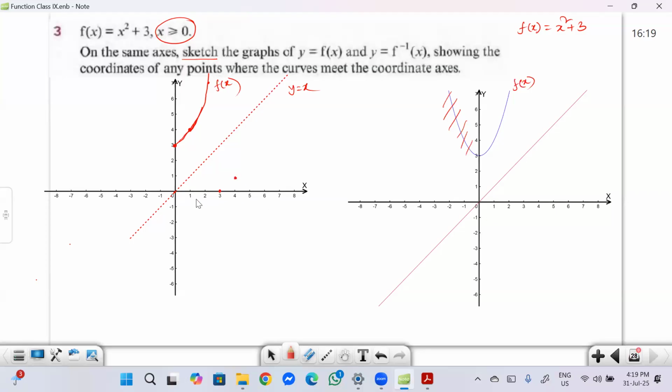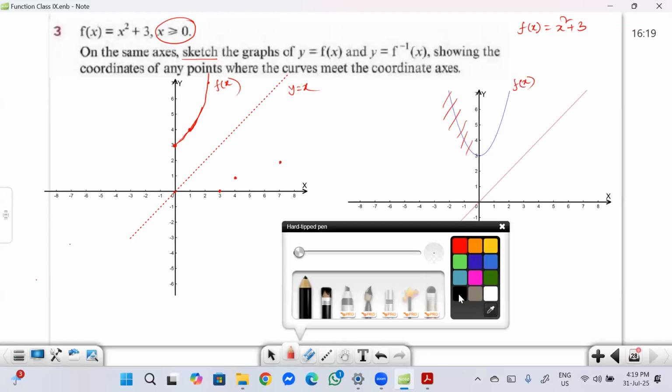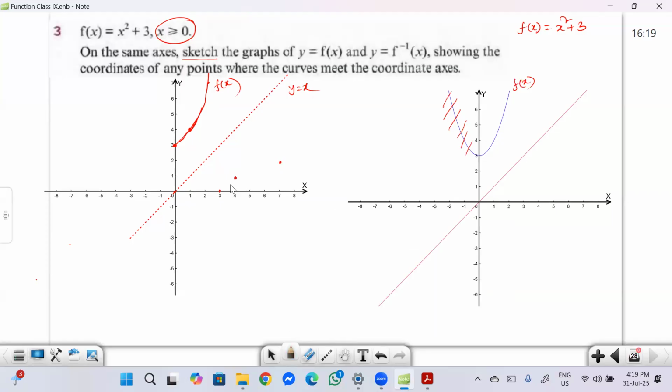And 2, 7 will be reflected to 7, 2. So that suggests our inverse graph should look something like this. That is our inverse.